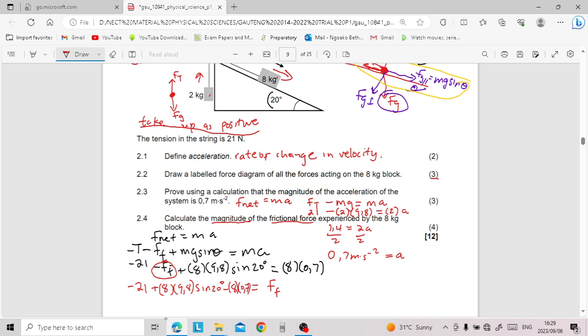On the calculator: minus 21 plus 8 multiplied by 9.8 multiplied by sine 20, minus 8 multiplied by 0.7.